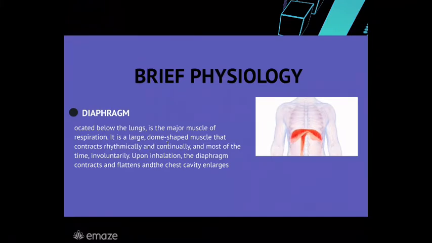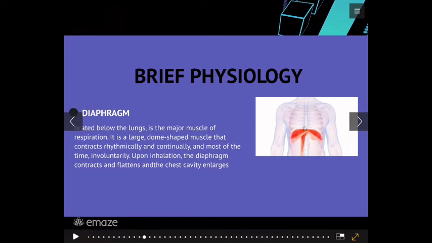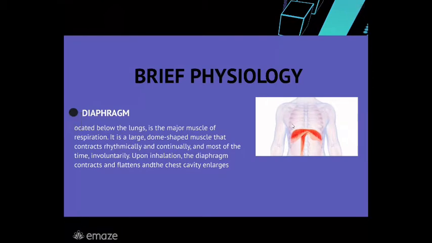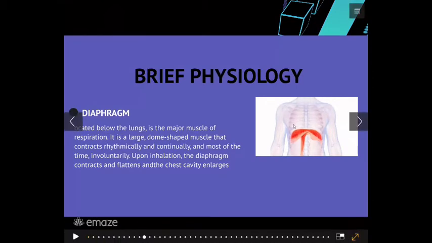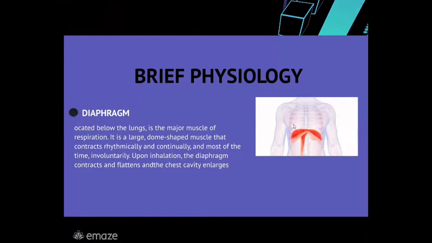Upon inhalation, the diaphragm contracts and flattens, and the chest cavity enlarges because of the negative pressure that has been made by the diaphragm when it flattened, causing the air to go through the trachea, then to the bronchi, to the primary bronchi, then to the secondary, then the tertiary, eventually reaching the alveoli, where the gas exchange will happen.